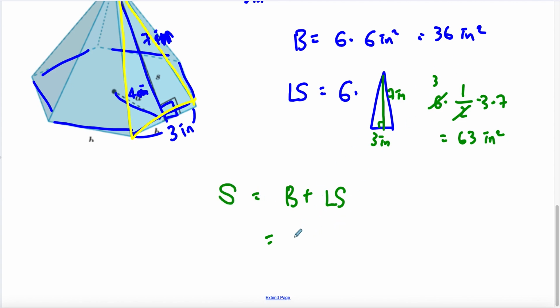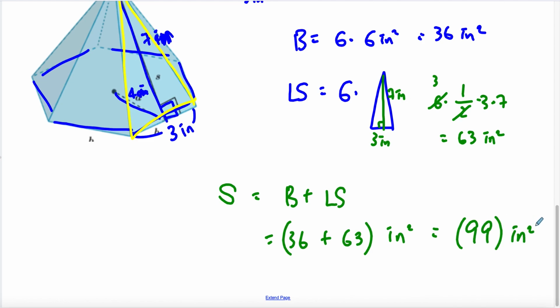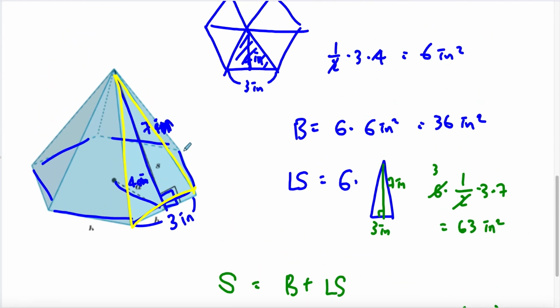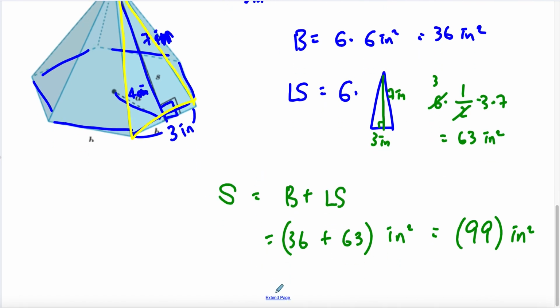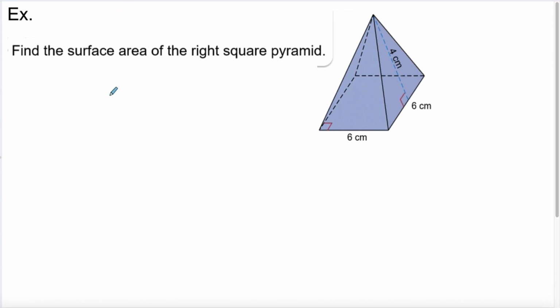So for the base, I got 36 square inches, and I have 63 as lateral surface. And the total, I have 99 square inches for this hexagonal pyramid, right? Okay, so here are some more examples, and you can solve that.